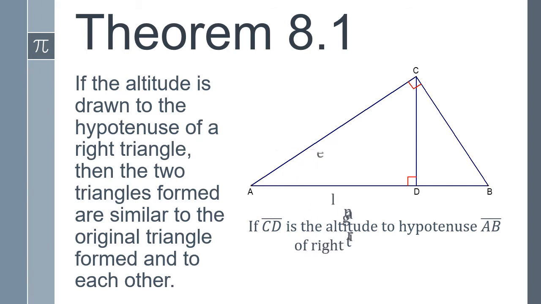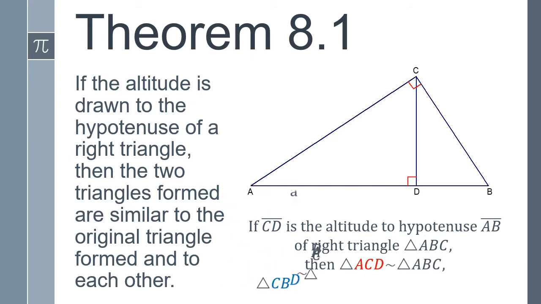So if the altitude is drawn to the hypotenuse of a right triangle, then the 2 right triangles formed are similar to the original large triangle and to each other.